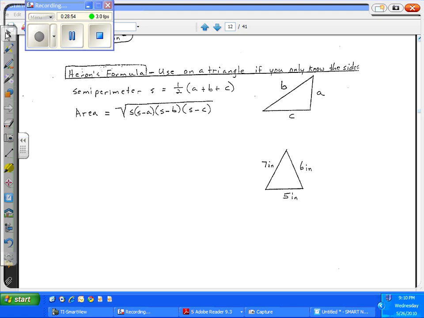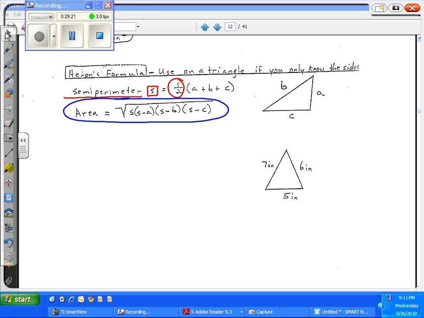Again, we're kind of taking an ahead look at some trigonometry here. The semi-perimeter is half the perimeter. S is the variable that we give to semi-perimeter.